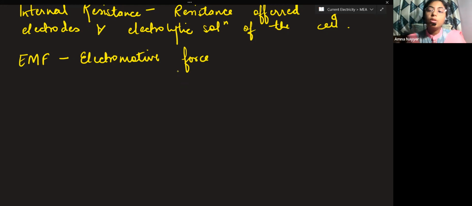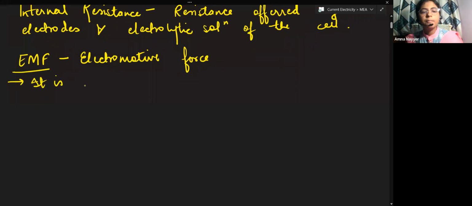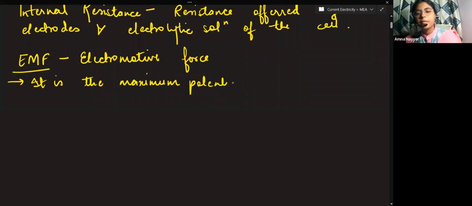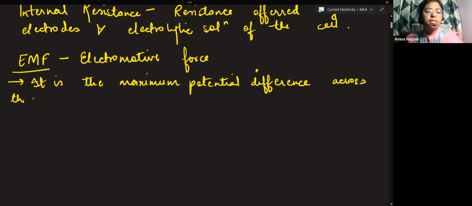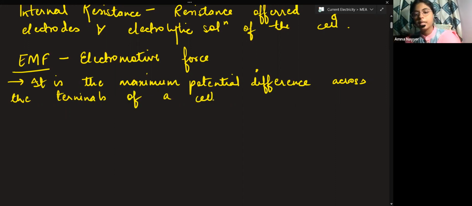But electromotive force is what? This is basically the maximum potential difference across the terminals of a cell in an open circuit.